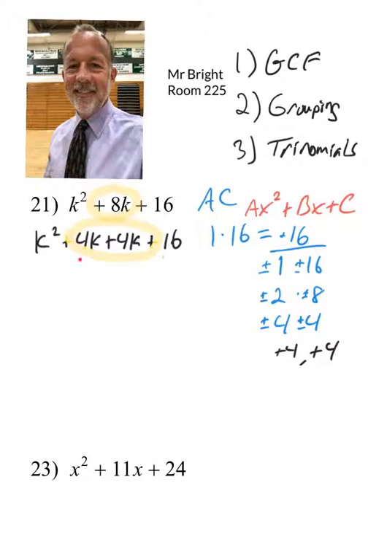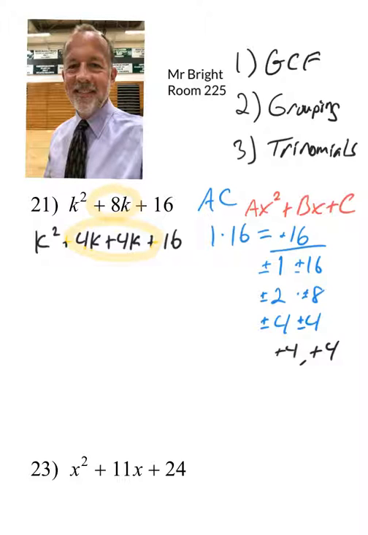So this whole expression is mathematically identical to this expression. It's k squared plus 8k plus 16, k squared plus 8k plus 16. But now I've converted it into something that I can use factoring by grouping on. And so that's my next step, is to do factoring by grouping.